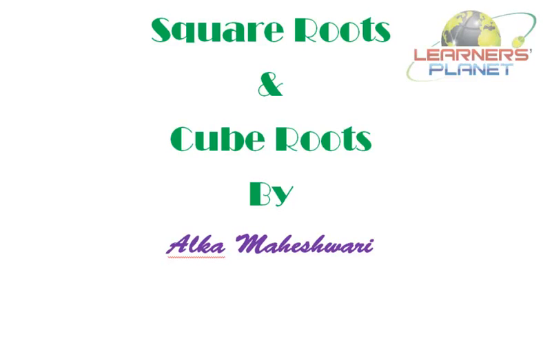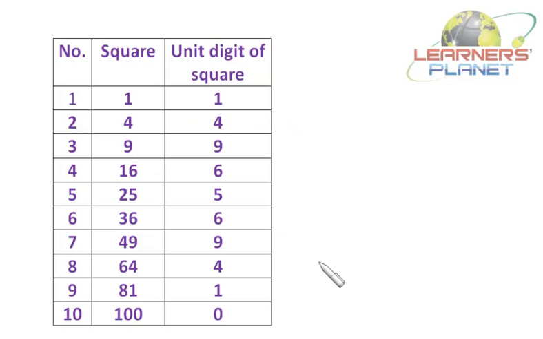But keep one thing in mind, in this session we are just taking the numbers which are perfect squares and perfect cubes. Now, to apply the techniques, we must memorize the numbers and their squares up to 10.